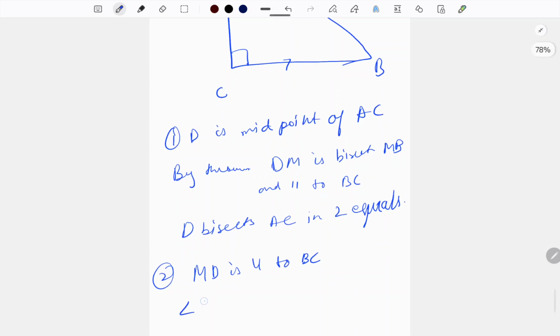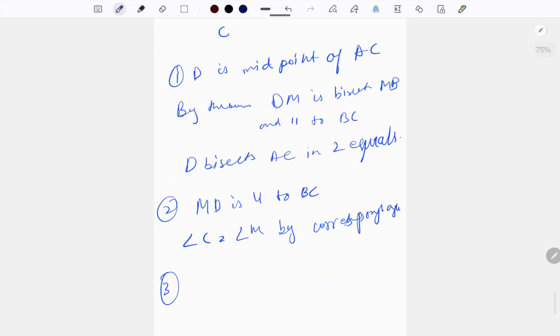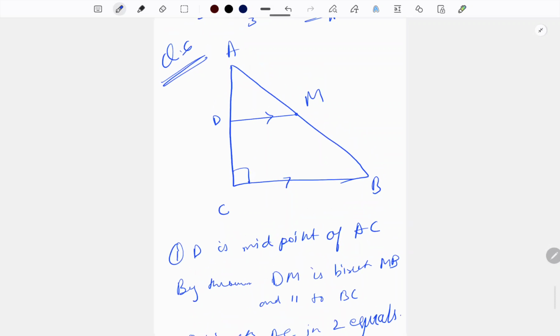And angle C will be equal to angle D by corresponding angle. ठीक है. थर्ड पार्ट, CM is equal to MA is equal to half AB ना. CM, this equal to this equal to this.